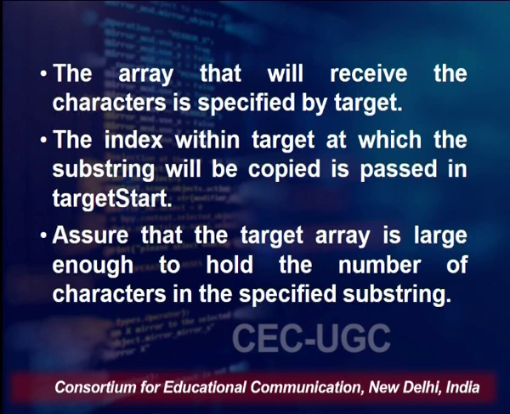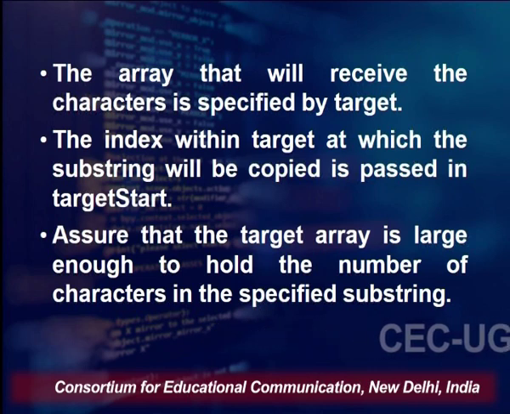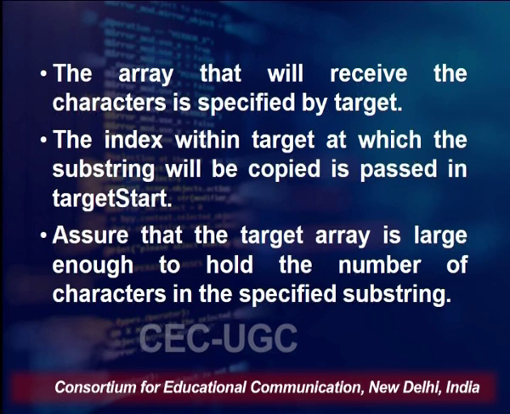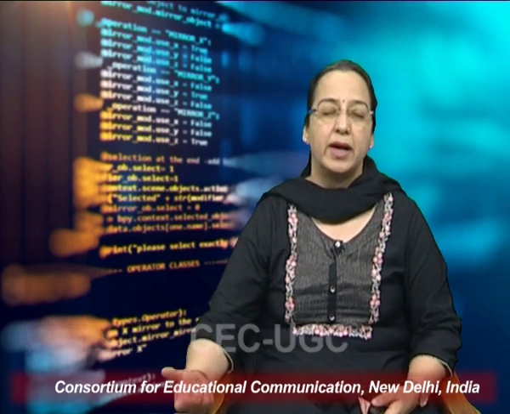Here we need to be very careful to ensure that the target array is large enough to hold the number of characters in the specified substring. It should not happen that we take a substring which is 15 characters long and copy it into a target array which is just 5 characters long. This is not going to work.